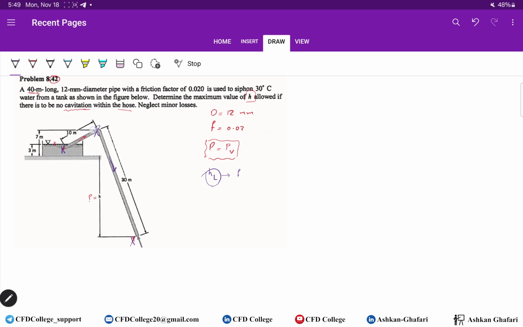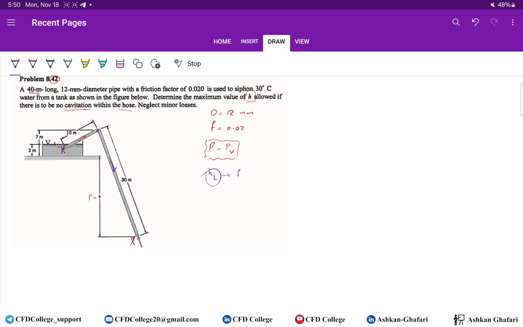So this is the critical point where both factors, hydrostatic pressure or potential energy, and head loss or loss due to friction, are working together and decrease the pressure much. So this is the critical point in the system.